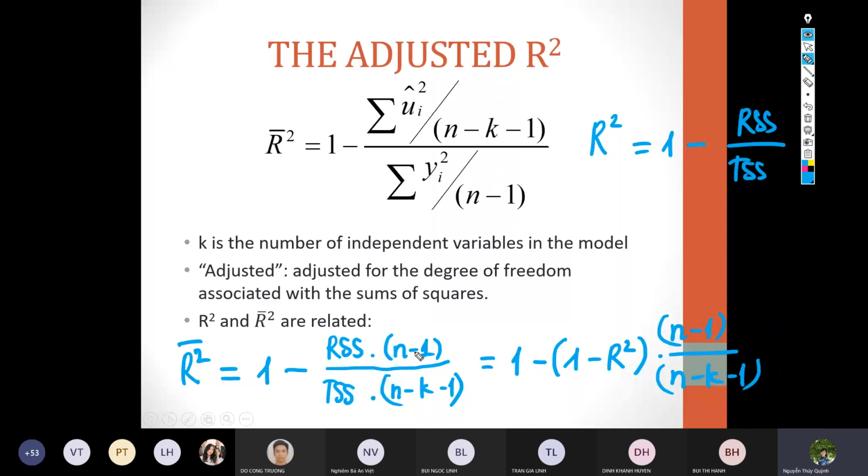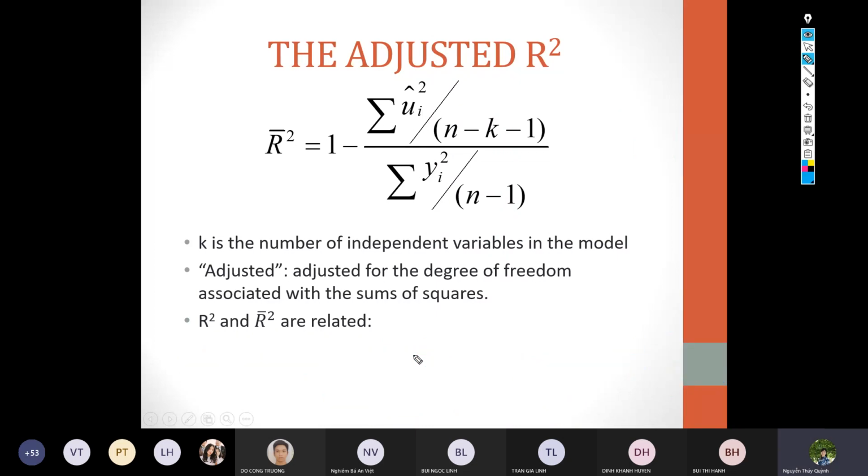If we know the adjusted coefficient of determination, we can calculate R square. That is the relationship between R square and the adjusted R square, where n is the sample size and k is the number of independent variables in the model.